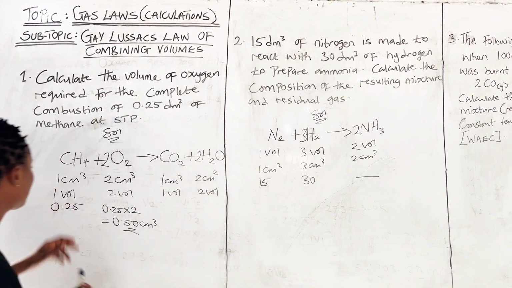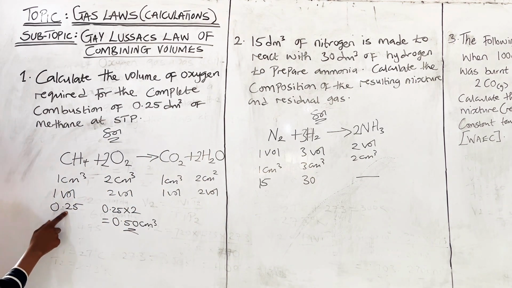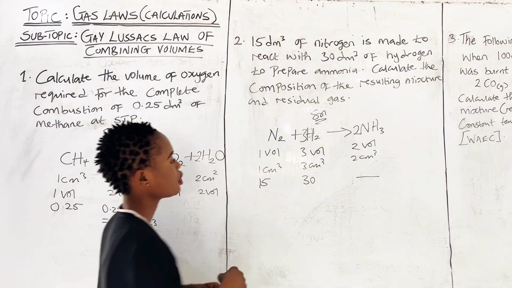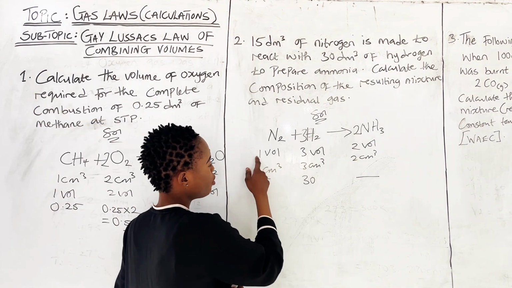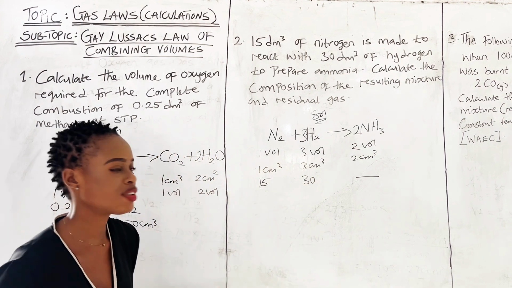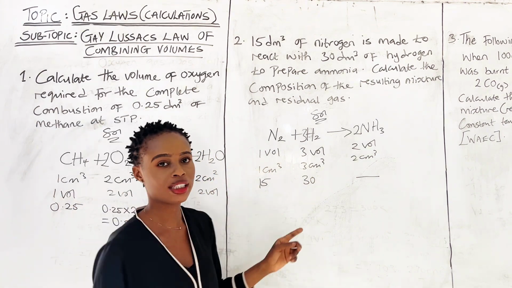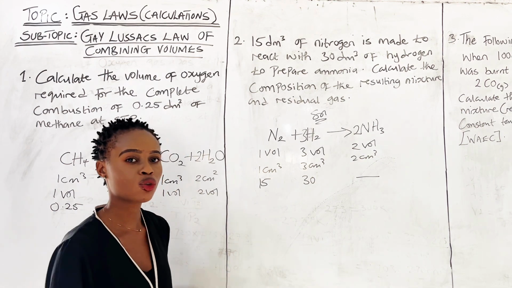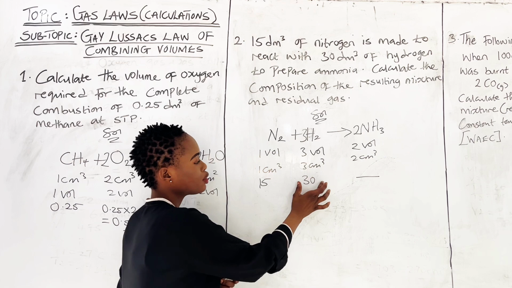In the previous question, 1 volume was 0.25, and so we multiplied by 2 to get what 2 volume is. But in this case, we're told that 1 volume is 15 and 3 volume is 30. Now, 15 plus 15 plus 15 will not give you 30, I hope you are aware. So that cannot be our 1 volume.